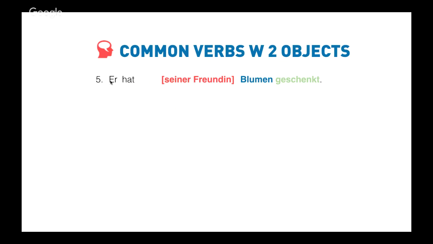It's the geschenkt, which means to gift something to someone. He has gifted flowers to his girlfriend. That allows us to use two objects. Let me click a bit faster so you can see that better. I'm sorry if I'm silent every now and then, because I see on my iPad there's a little delay. So I pause just a couple of minutes. You can take the time to digest the information.